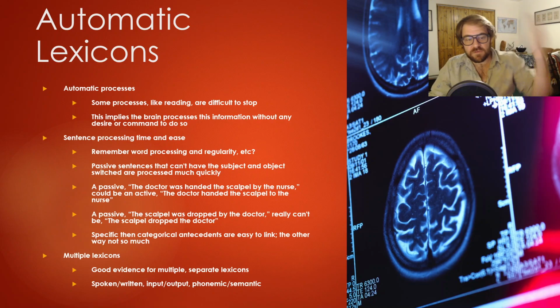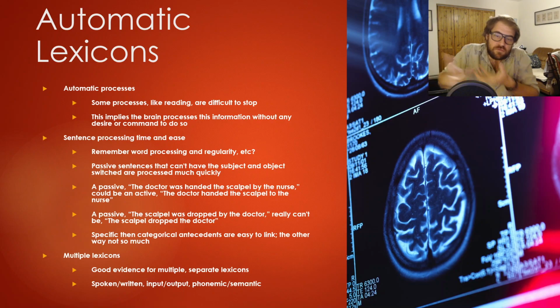Now it's passive, so the doctor was handed, he obtained the scalpel by the nurse. The nurse was doing the giving. But because this also makes sense as the doctor handed the scalpel to the nurse, you're going to have slower processing times on this sentence because it could be an active voice sentence going the other way.